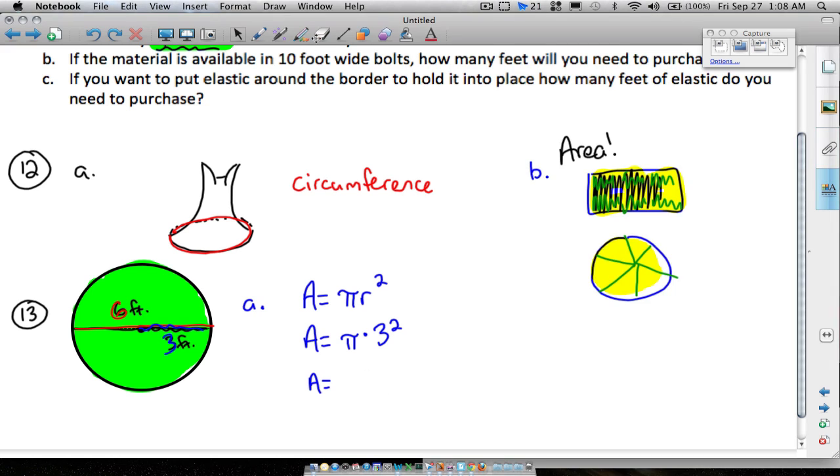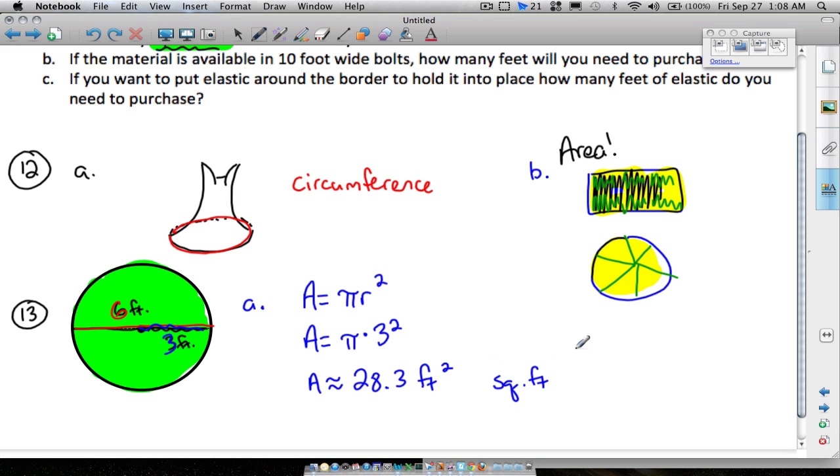So let me come back and write. Instead of A equals, how about A is approximately? Let me change my eraser. So the area is approximately 28.3 square feet. I don't mind whether you write it as feet with the squared, or you can write it as square feet.